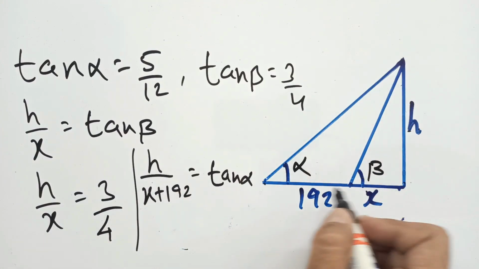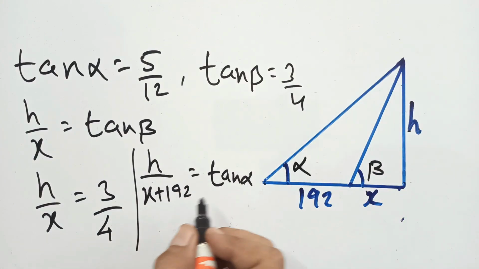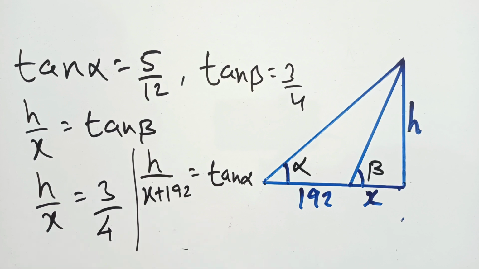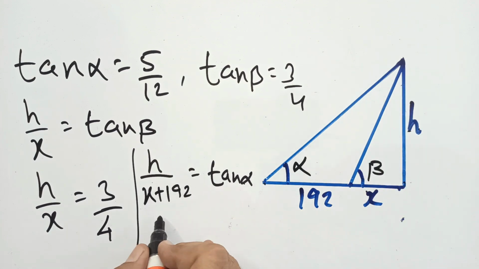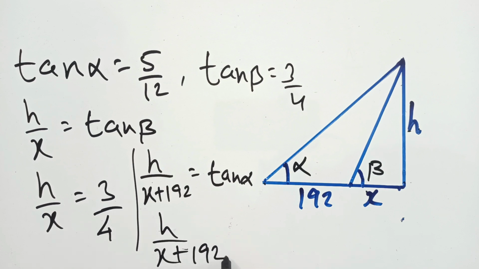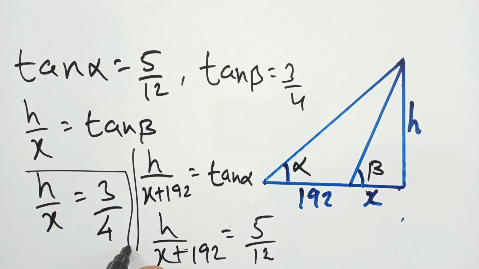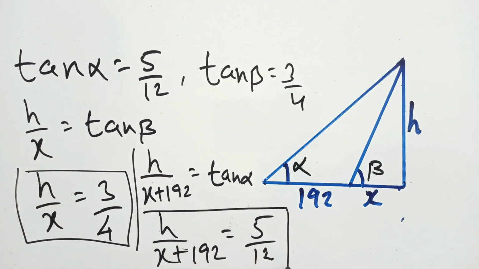Tan alpha is given in the question as 5 upon 12.